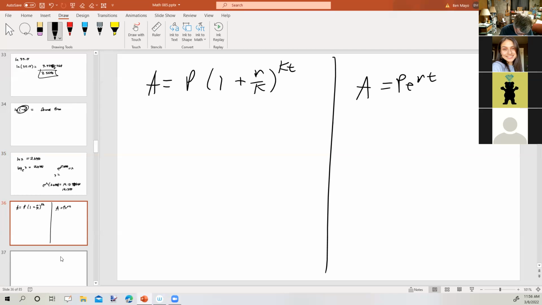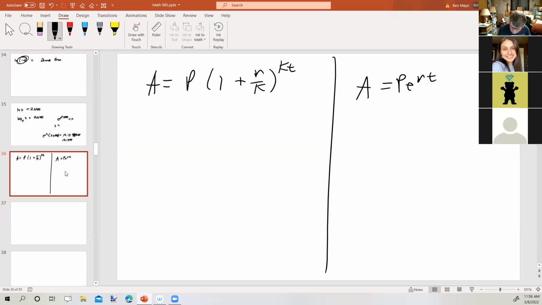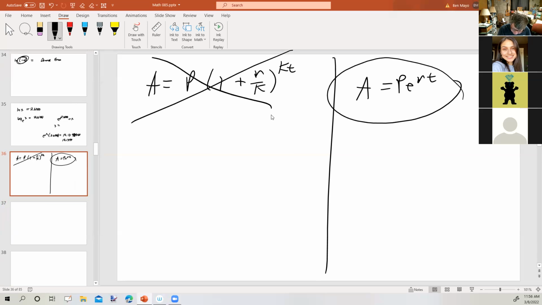Now, here's a question. The title says continuous compound interest. An initial investment of $2,000 earns 8% interest compounded continuously. What will the investment be worth in 15 years? So immediately, we're using this formula, not that one, because it says it's compounded continuously.